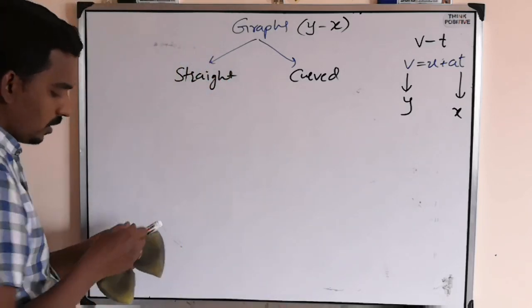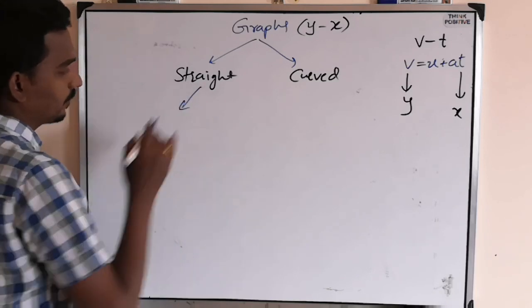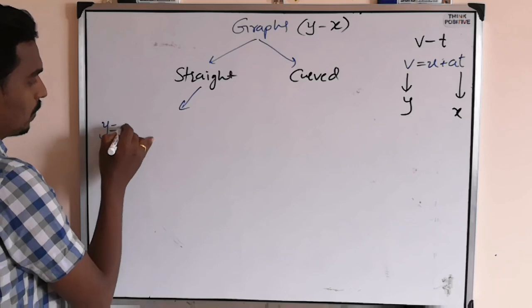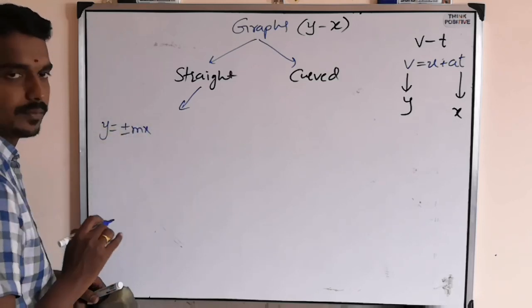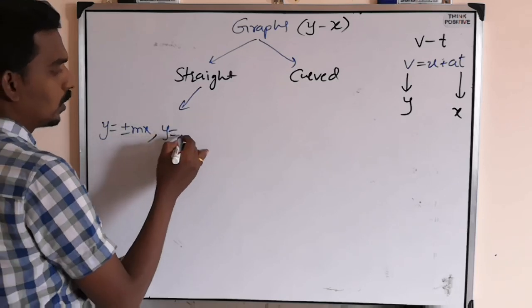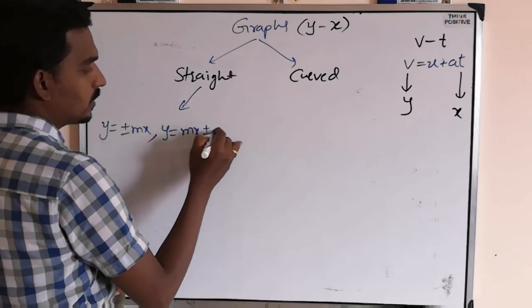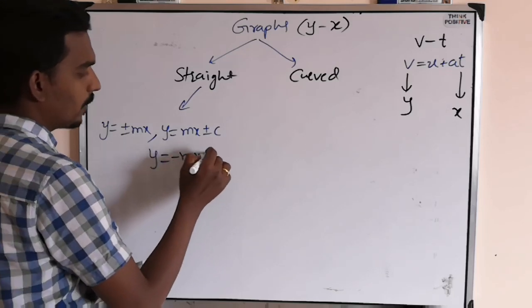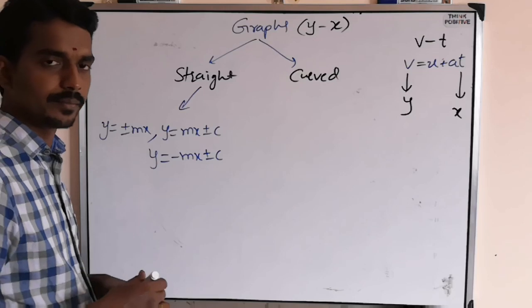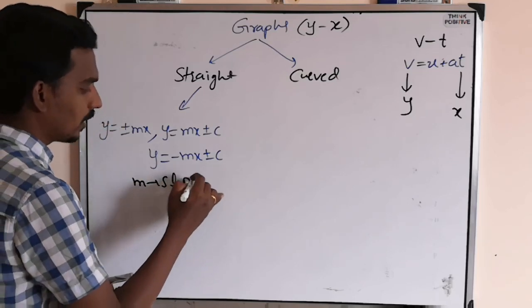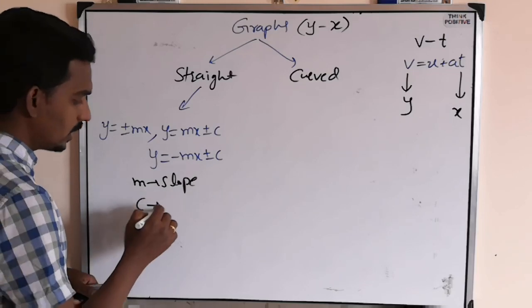So, for a straight graph, there are y equal to plus or minus mx, y equal to mx plus or minus c, y equal to minus mx plus or minus c. What is m? m is the slope of the graph. What is c?